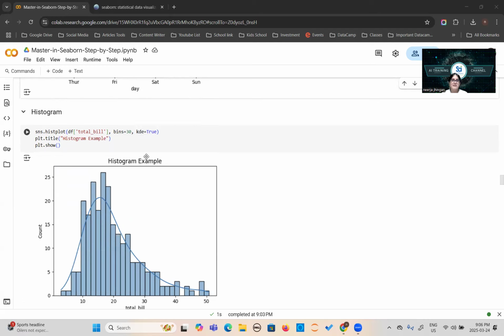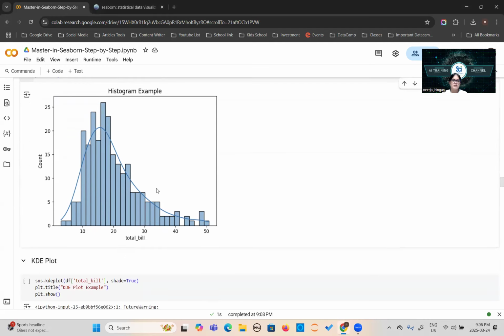Here it is showing it is not a normal distribution, because it is skewed towards the right. Look at this, this is the tail. These are the outliers, as we have seen above in the box plot and violin plot, right? Some males or females are paying a $40 to $50 bill, which is very far away from your normal value, the mean, if you calculate it.